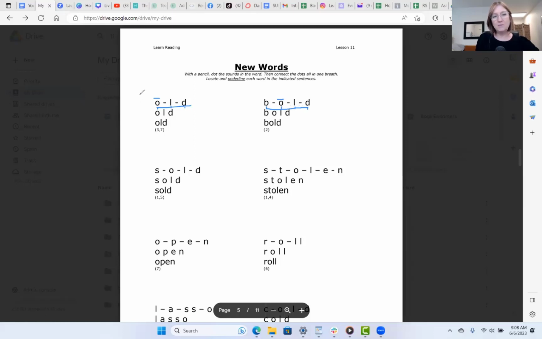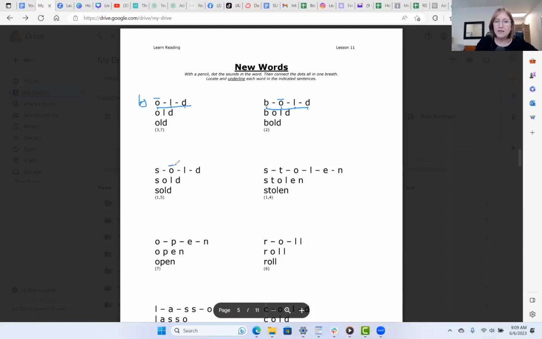Same word as this with a B on the front. So if this is old, then with the B we have bold. Here is old, here is B, old. Combined it's bold, bold. All right, let's try the next one.